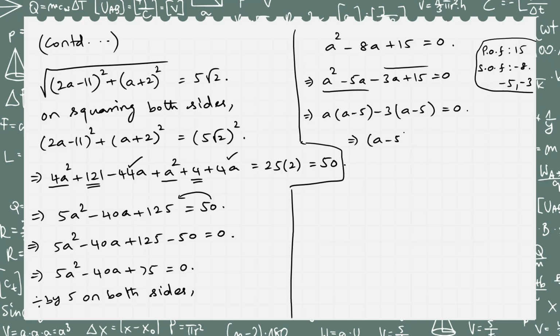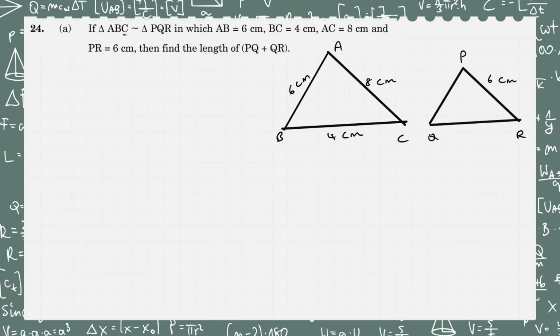That implies (a minus 5) into (a minus 3) equals 0. That implies either a minus 5 is 0 or a minus 3 is 0. That gives us two values for a, which are 5 or 3. So a can take both the values, right? So that's the answer. Now let us move on to the next sum.